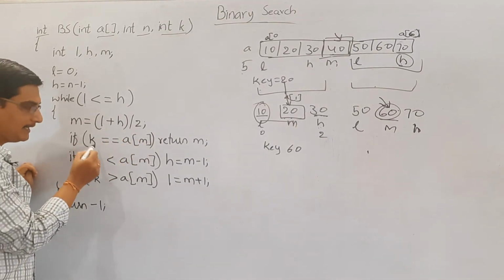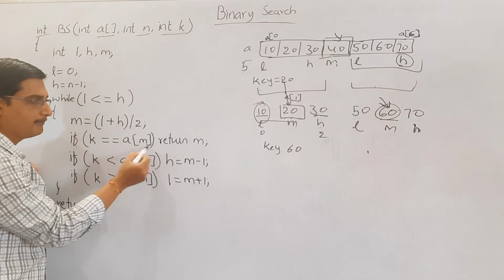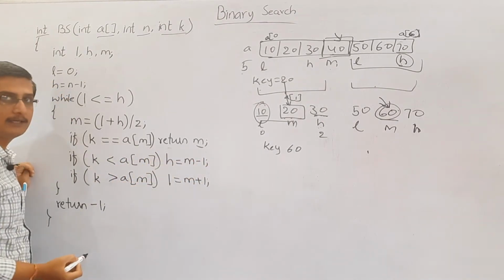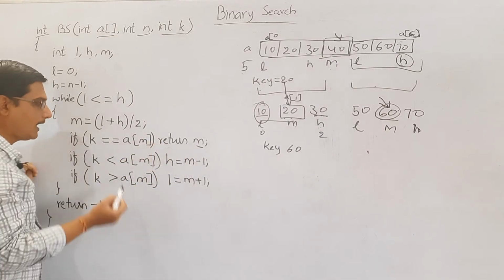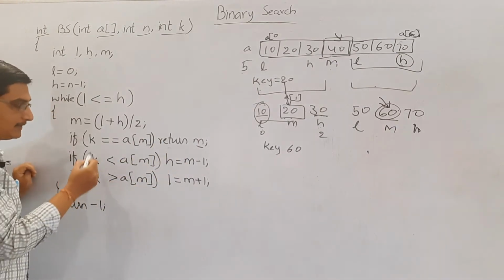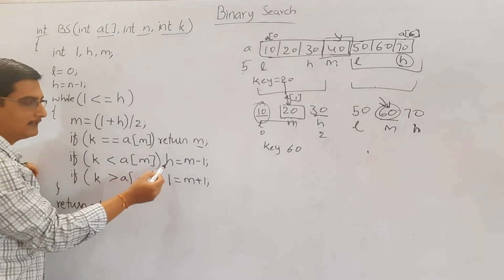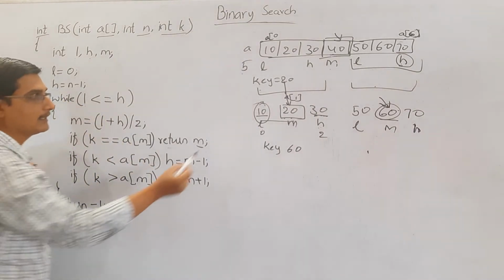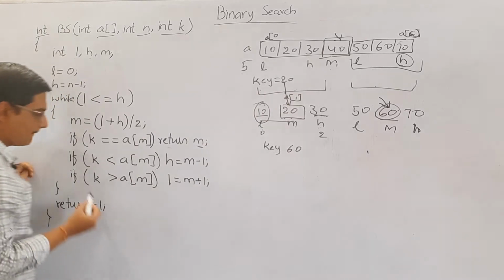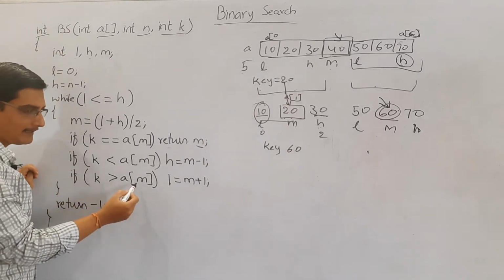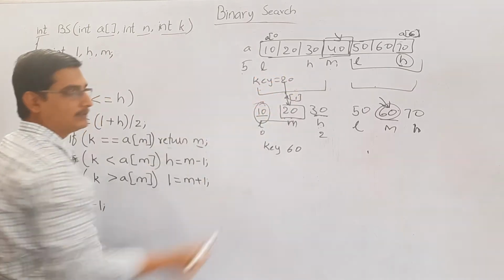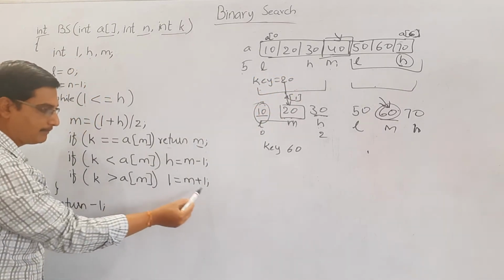If the key is equal to A of mid, then it is a successful search. Then we are going to return the middle index. Otherwise, if the key is less than A of mid, then we reinitialize high to mid minus 1, like in this case. If key is greater than A of mid, then we reinitialize the lower index to the next element of the mid, that is mid plus 1.